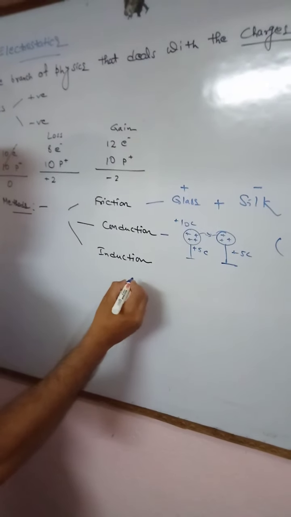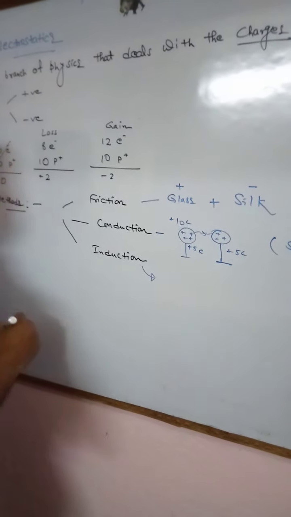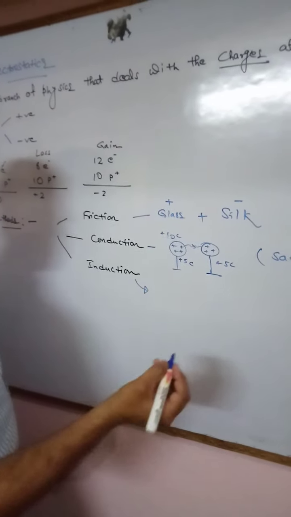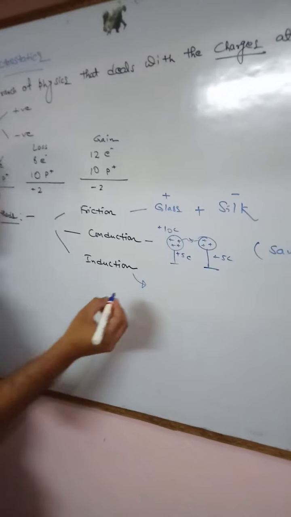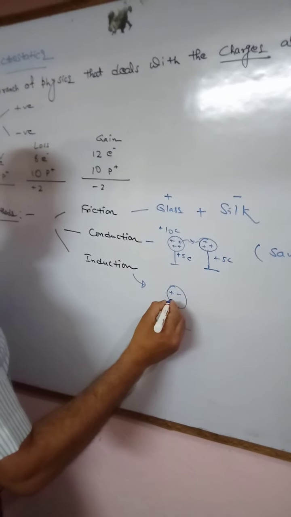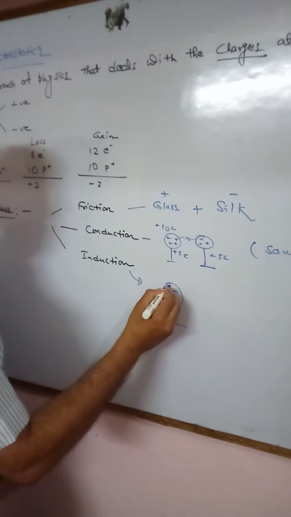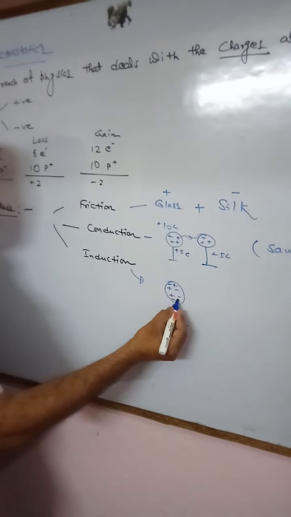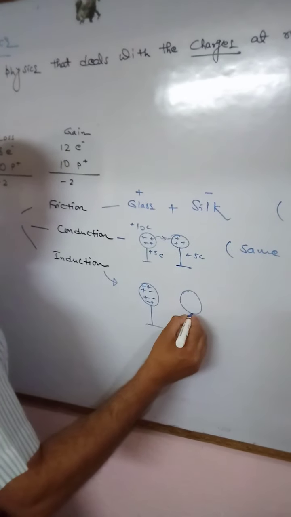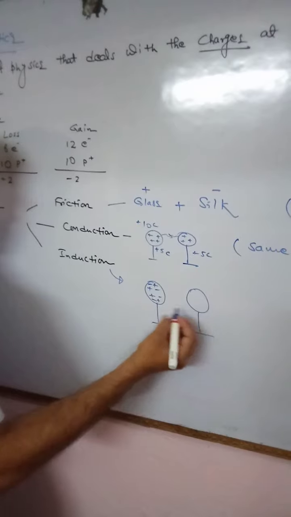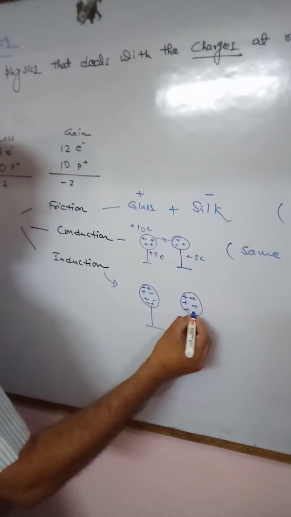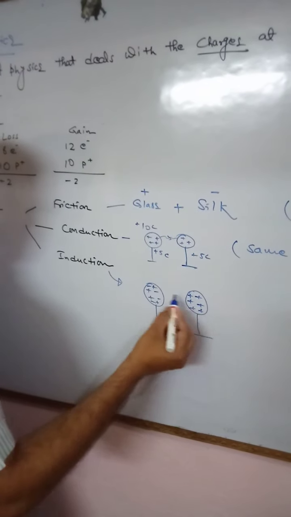Now induction. Induction is a method in which the charges are transferred not by touching. Without touching we can transfer the charges. For example, we have a neutral body. We know that in a neutral body plus and minus are all mixed together. Now when a charged body, suppose positive, is brought near the neutral body, due to the induction effect, what happens?